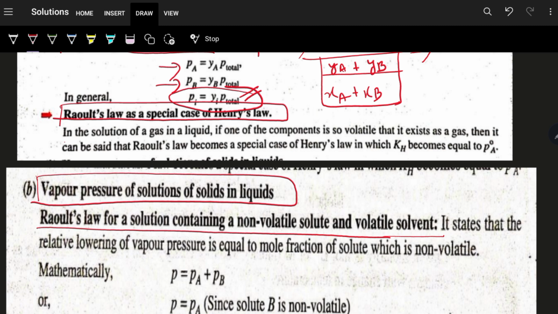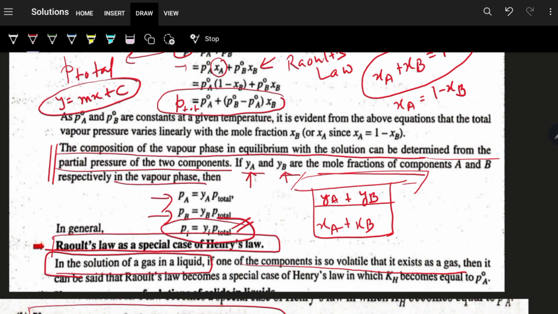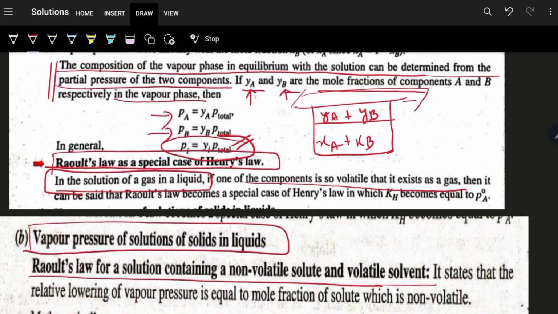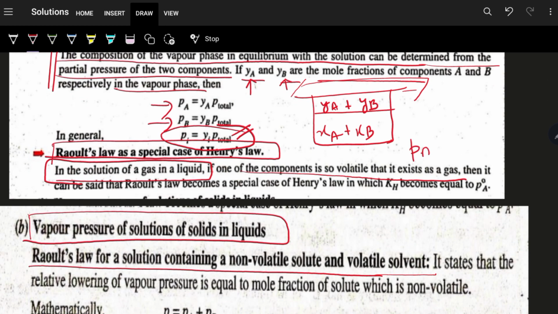In the solution of gas and liquid that we have seen in Henry's law, if we consider that one of the components is so volatile that it exists as a gas, then it can be said that Raoult's law becomes a special case of Henry's law, in which Kh becomes equal to Pa naught. Here, PA is equal to PA naught into XA.